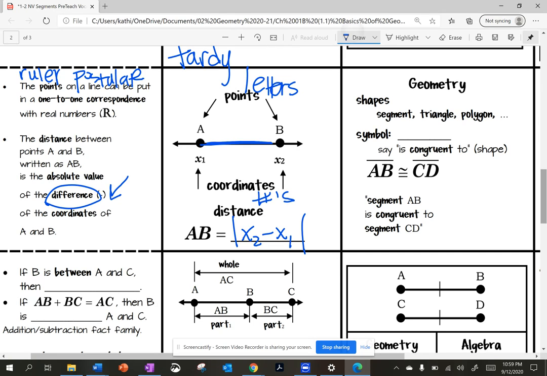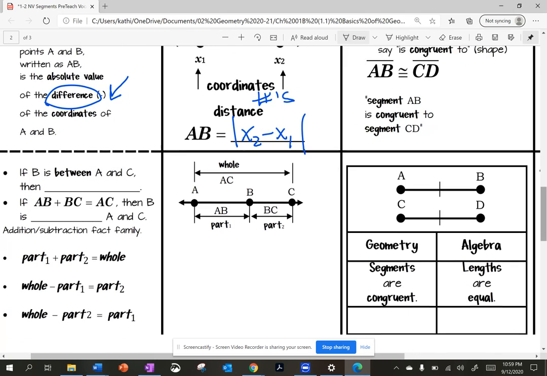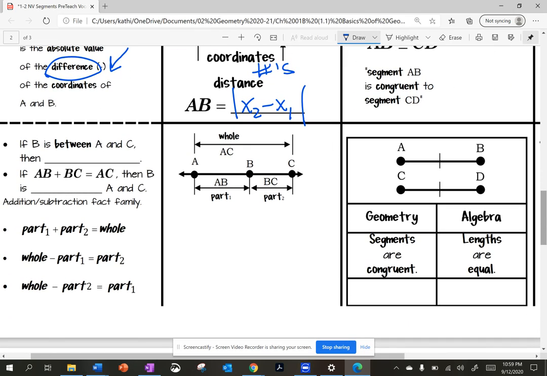Okay, my next postulate is the segment addition postulate. That's related to this. So this is the segment addition postulate.